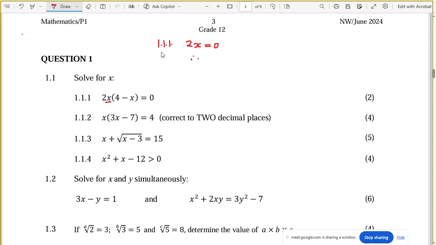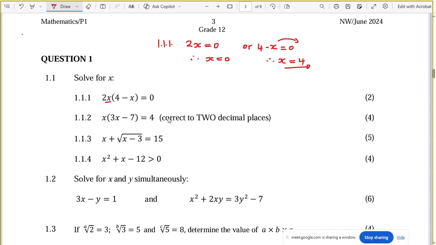Divide both sides by 2, and x is 0. Then we can take what we have inside the bracket, 4 minus x, and equate that to 0. Then solve for x: the x comes this side to be positive, therefore x is 4. Then you get 1 mark for x equals 0 and 1 mark for x equals 4.